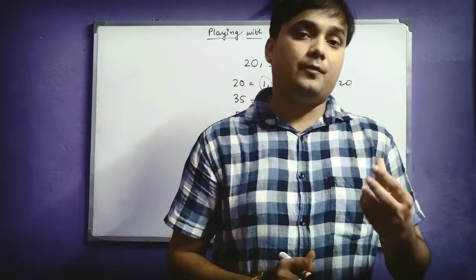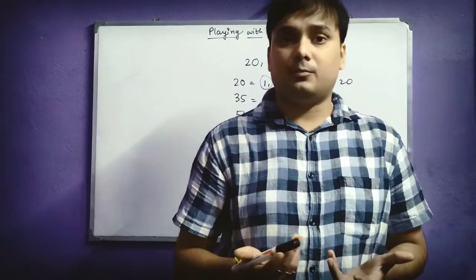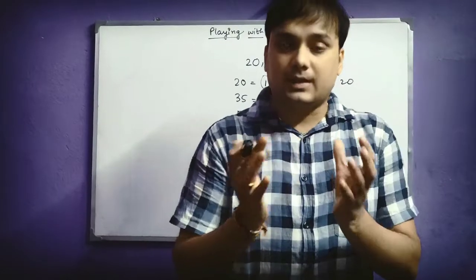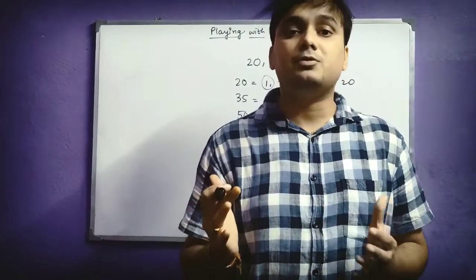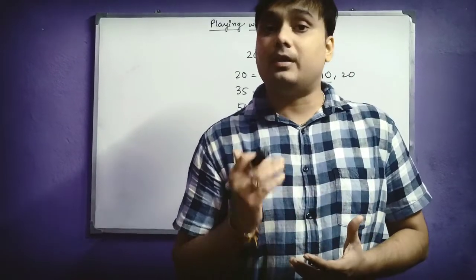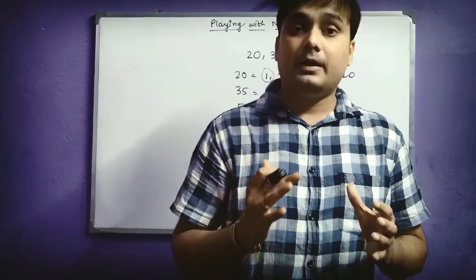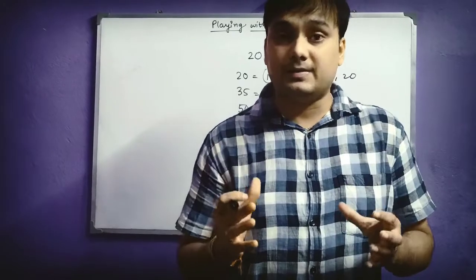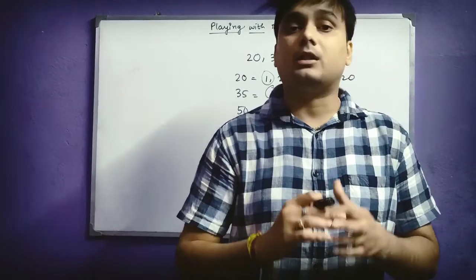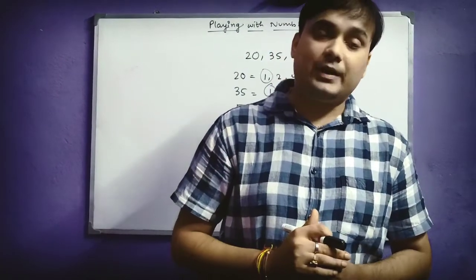Also we will solve a word problem where you will understand how the concept of HCF is used in your daily life. So let us now understand the various ways of finding the HCF.